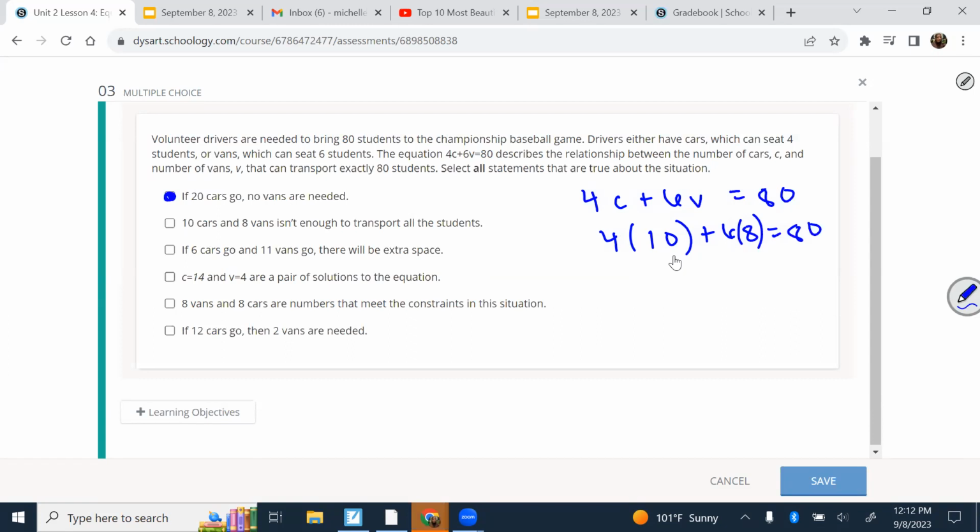So 4 times 10 is 40, 6 times 8 is 48. 40 plus 48 is 88. Would you agree with that statement, that that's not enough to transport all the students? If I have 10 cars and 8 vans, that seats 88 people.